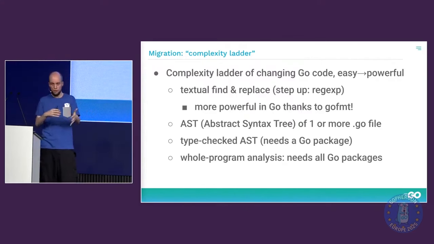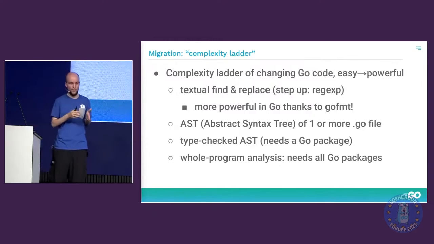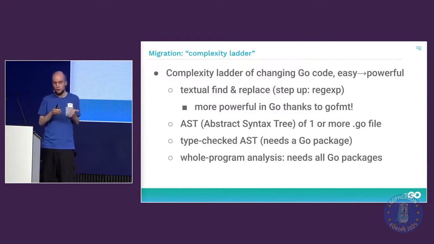So you can just open any editor you have and find and replace, and you'll get actually pretty far with that very simplistic strategy, because find and replace is more powerful in Go thanks to GoFmt, right? Because of the way that we format all of our code identically means that there's a lot less wiggle room in the patterns and syntax that people can use to express concepts. So in other languages, your find and replace patterns would need to be more elaborate. And that's a very cool realization.